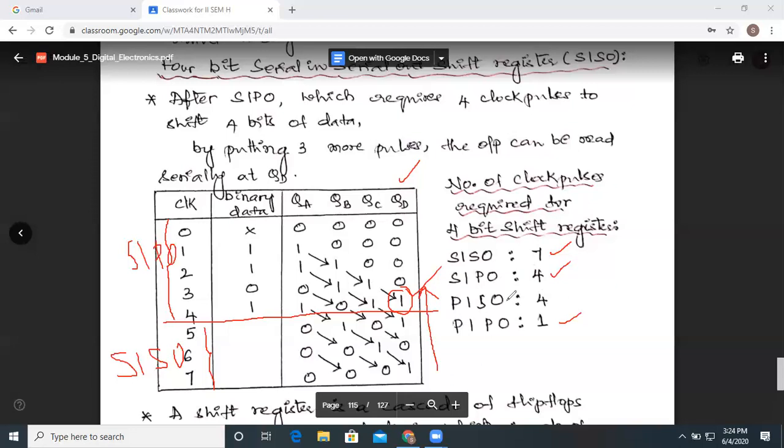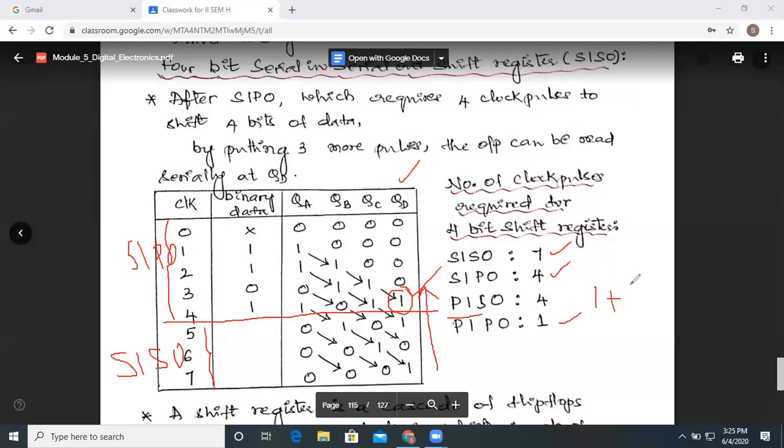In this case, the first thing is we need to load the data. For that, one clock pulse will be taken. When we load the data in the shift register, that is when we do this parallel in operation. For that, one clock pulse will be used. When we do this, one bit is already available for us. In order to get the rest of the 3 bits, we require 3 more clock pulses.